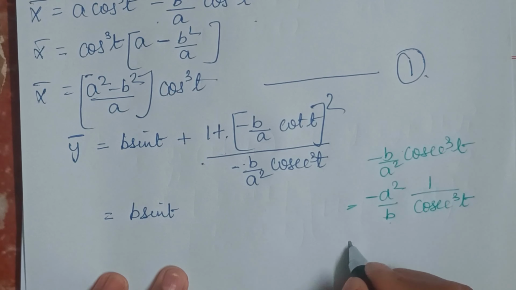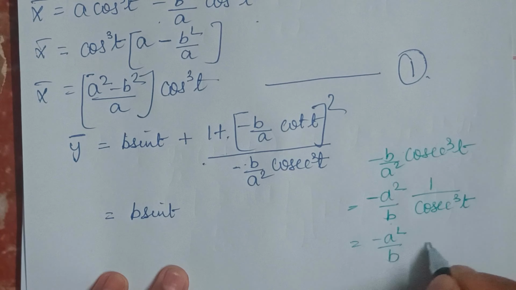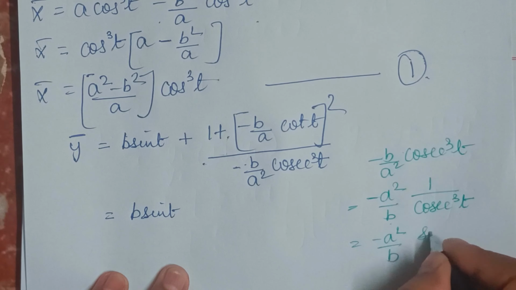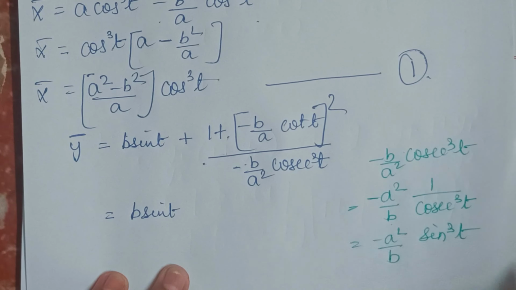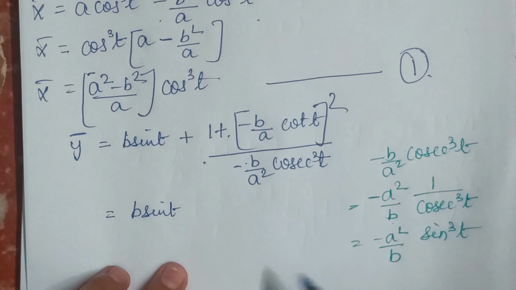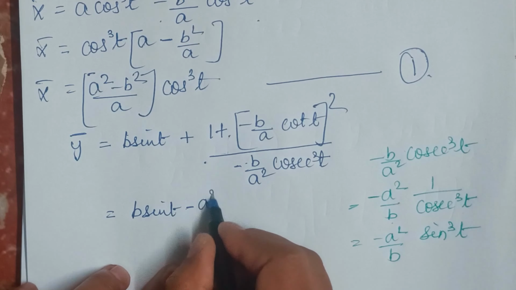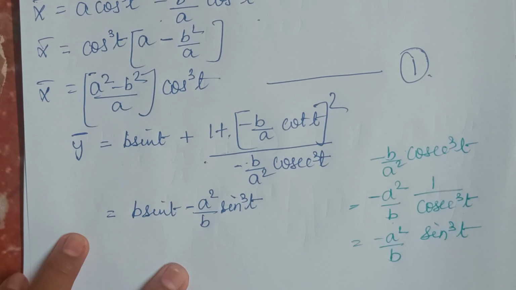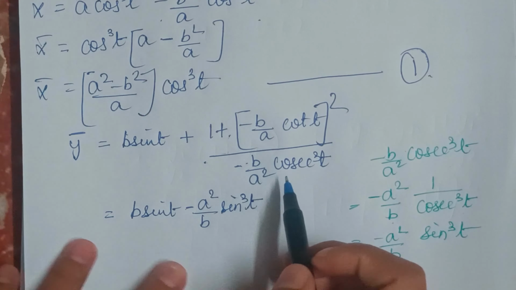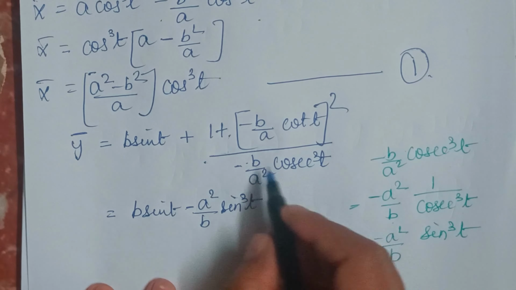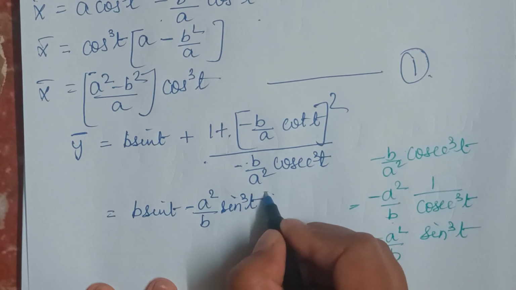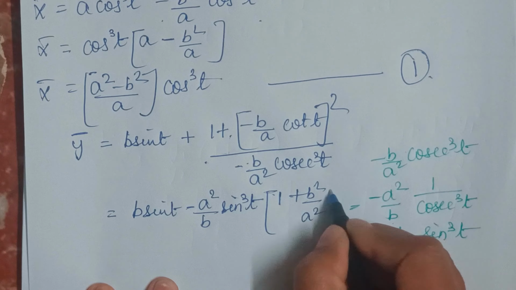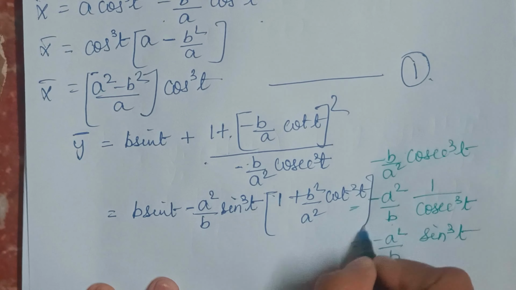Correct? Now this can also be written as a square by b into 1 by cosecant cube t, which can also be written as what? Sine cube t. I hope this is clear. So I'll just write minus a square by b sine cube t into 1 plus b square by a square cot square t.